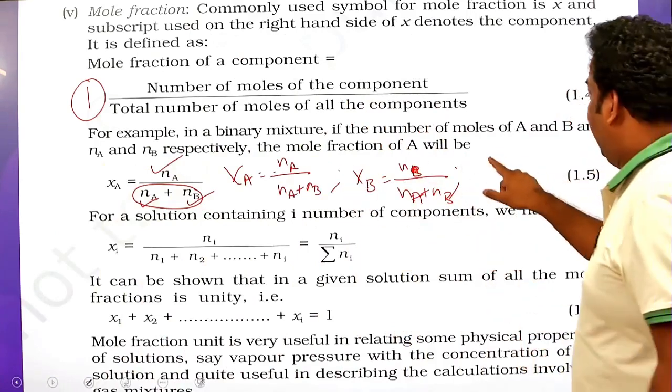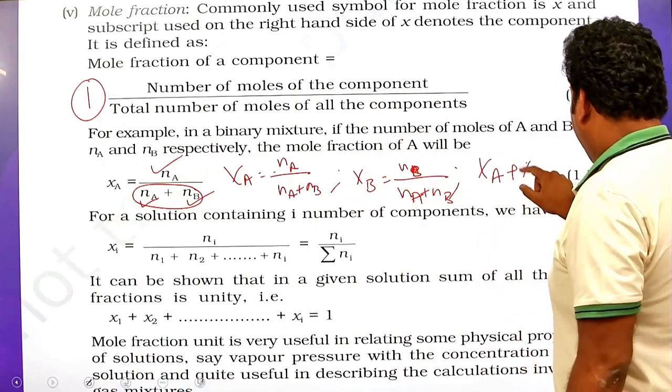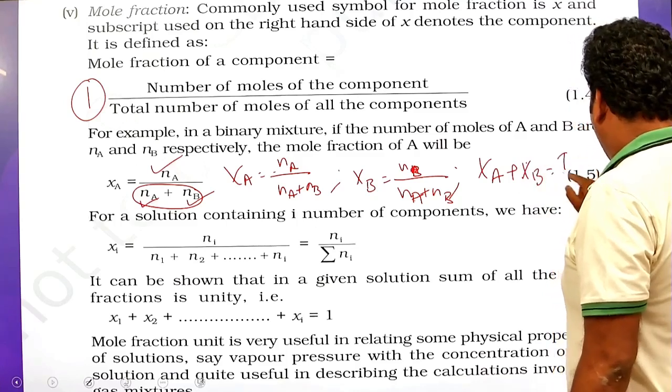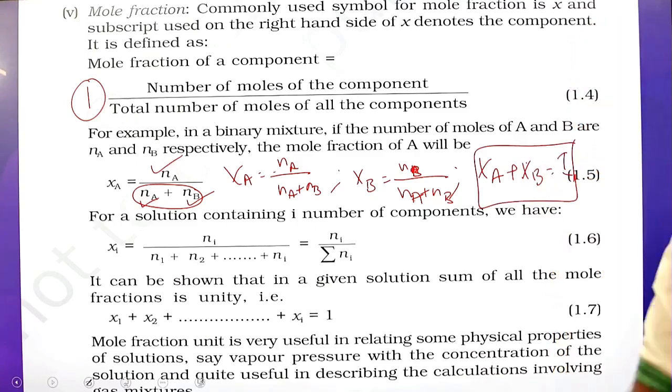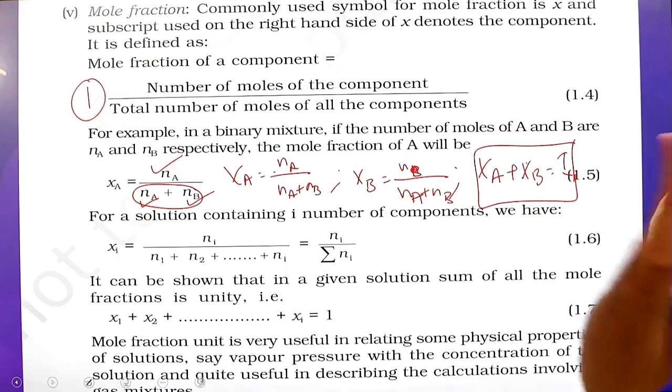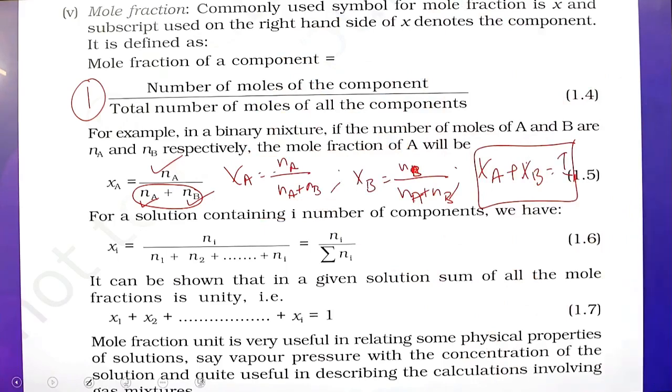If I combine XA plus XB, it will be 1. Because what is a fraction? Half part oxygen, 1/4 nitrogen, 1/4 carbon dioxide, 1/8 argon, 1/8 water vapor. If you combine all these fractions, if you put it into one solution, what is it going to be? 1.